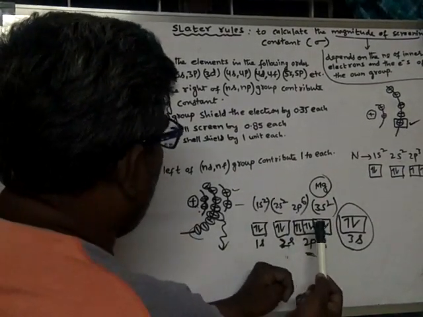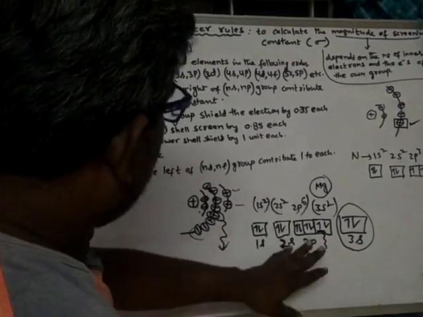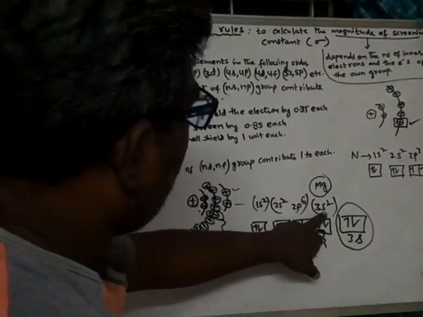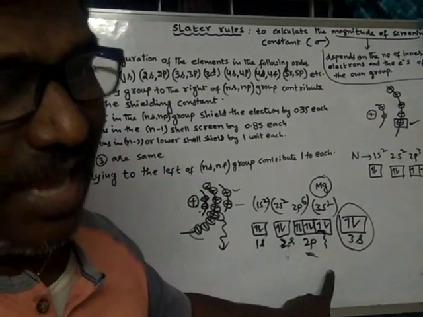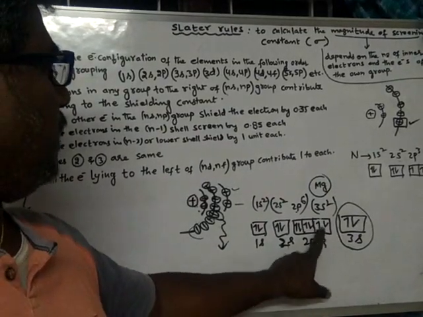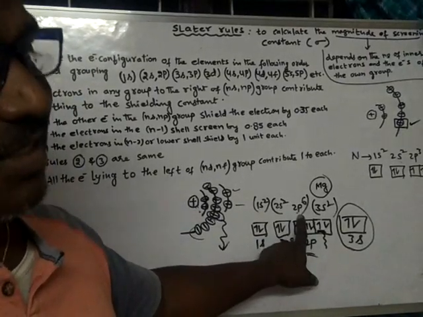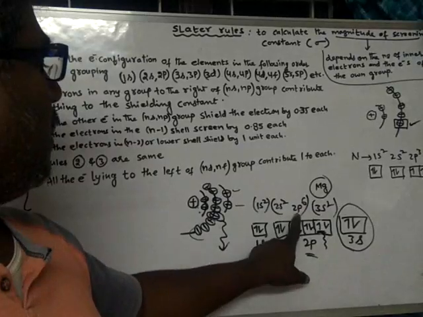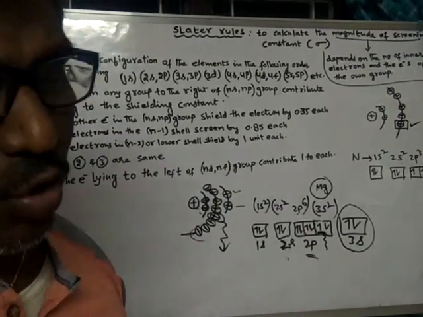Now why is it called ns-np? Because we see this n and np. Though here the third orbit is the last orbit, in this case we are calculating the screening constant of this electron, which is present in the second orbit. While calculating the screening effect, we have to consider this group as the nth group.